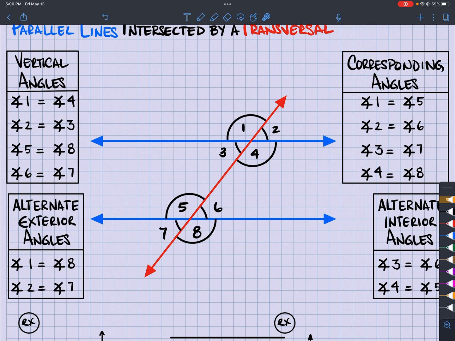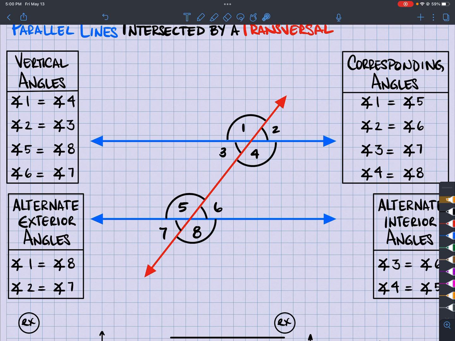Some are larger, some are smaller. All the large angles are congruent, all the small ones are congruent, and if you have a small and a large one, they are supplementary, because together they create a straight line.